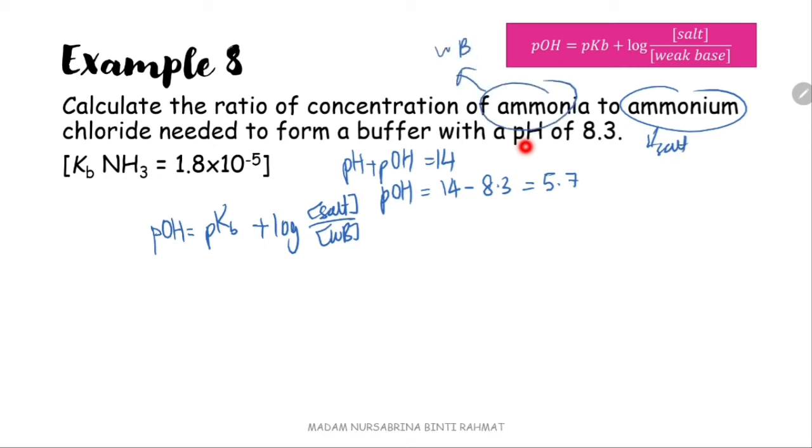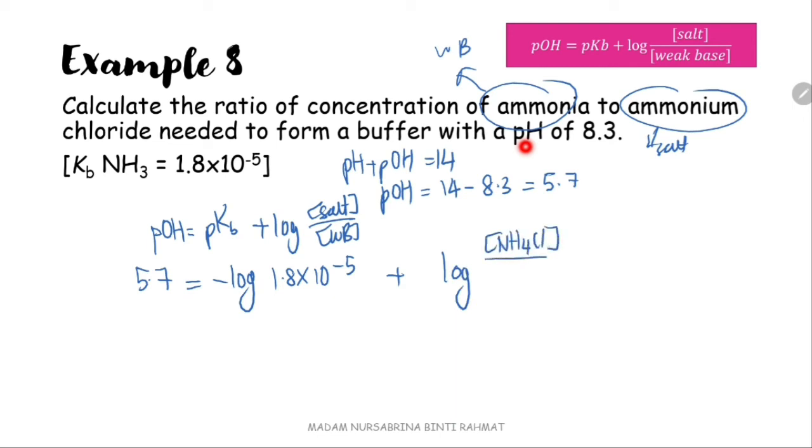Okay, so the pOH that we calculated before is 5.7, which equals the pKb, negative log of 1.8 times 10 to the power of negative 5, plus log of our salt, which is NH4Cl, over our weak base, ammonia, NH3.